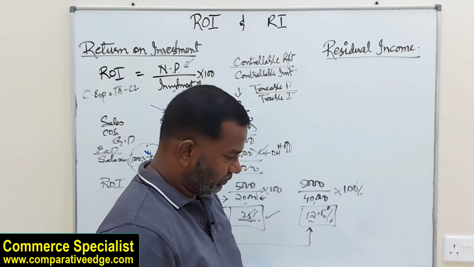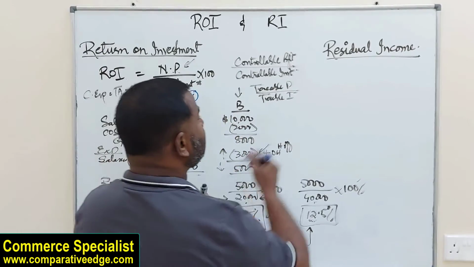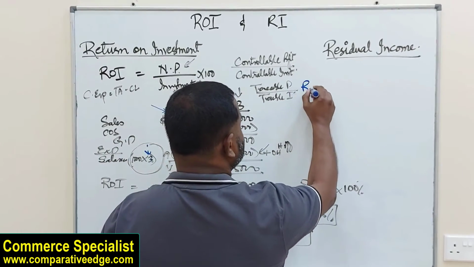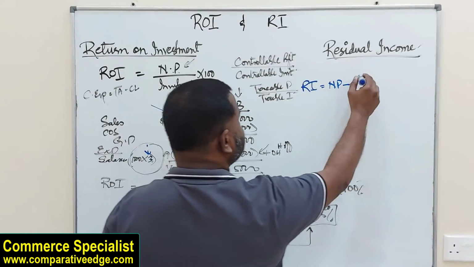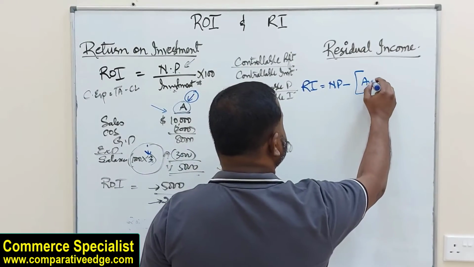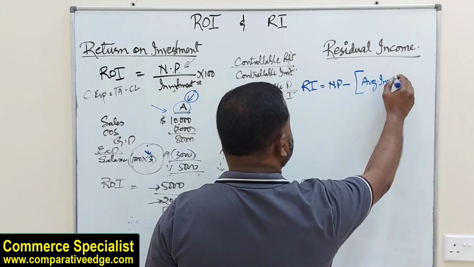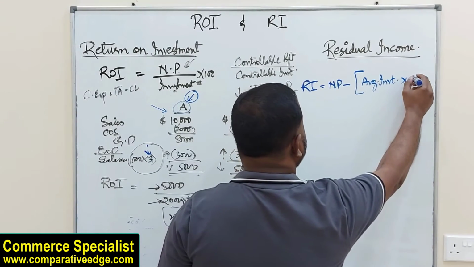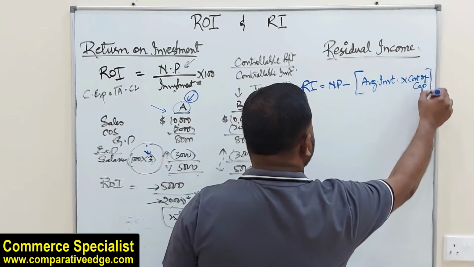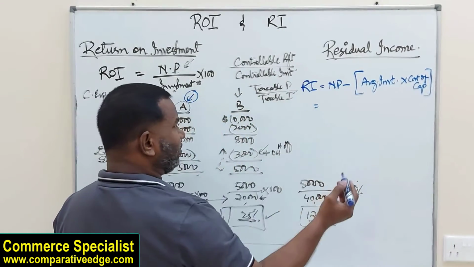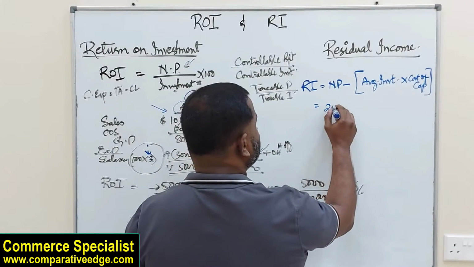Having discussed ROI, now let's talk about residual income. The formula for residual income is like this. Residual income is equal to net profit minus, let's say, average investment into cost of capital. I'm just assuming some numbers. Let's say net profit is 25,000.